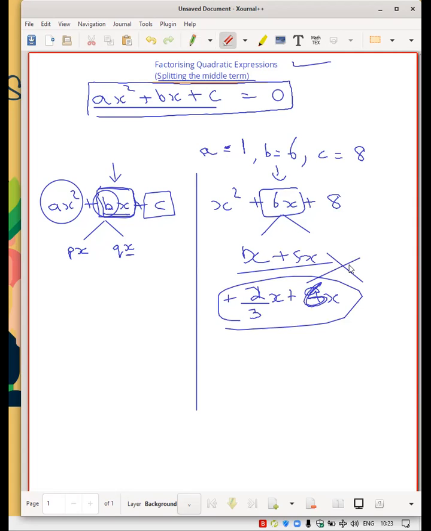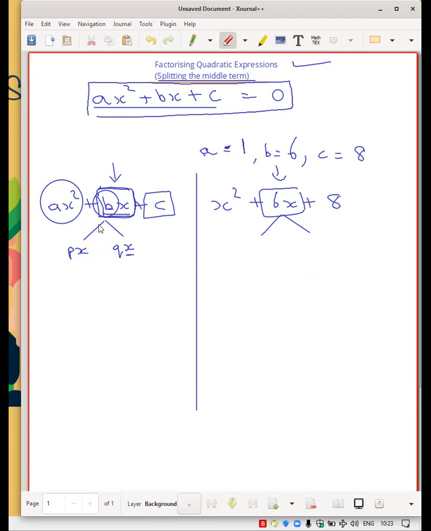Please understand. To find the values of P and Q, we want numbers such that P plus Q equals B. That is the sum of the factors.